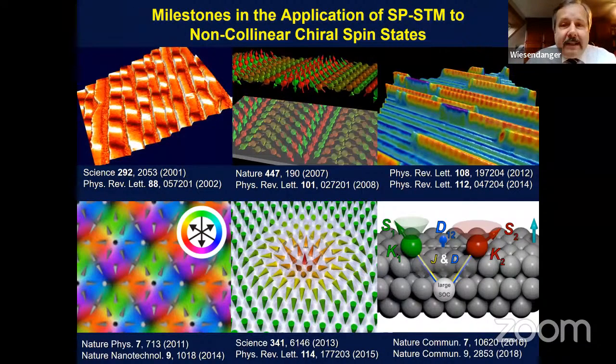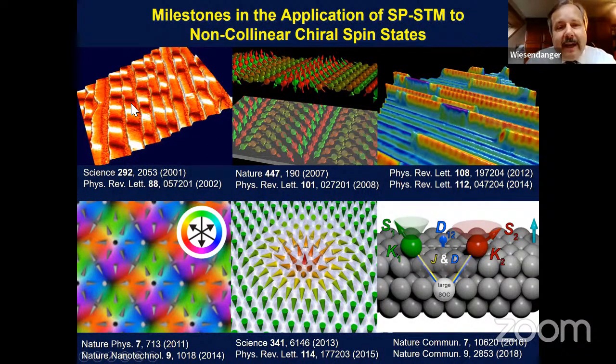So this three-dimensional vector magnet system allowed us to create some milestones in the application of spin-polarized STM to non-collinear chiral spin states. Here I have put together several examples. I will go through them.